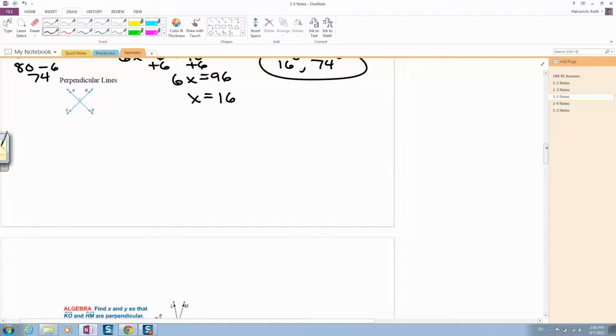All right, the next concept is perpendicular lines. Perpendicular lines are two intersecting lines that form four right angles.